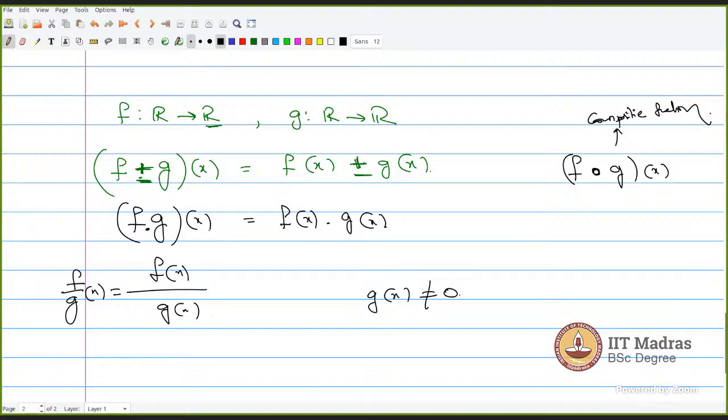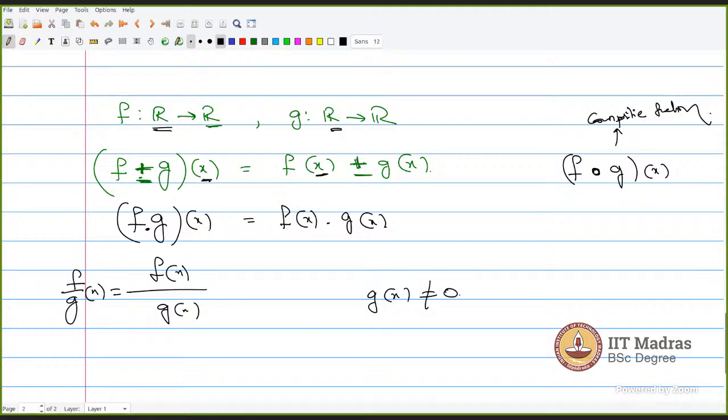Any doubt here? Sir, in this function, is R to R compulsory in both functions f and g? See, the domain where we define should be the same. If you are doing some algebraic operations between two functions, this particular x should be in both f and g.